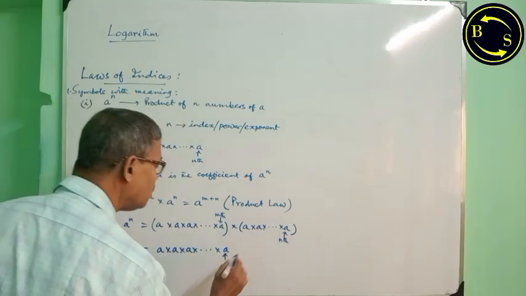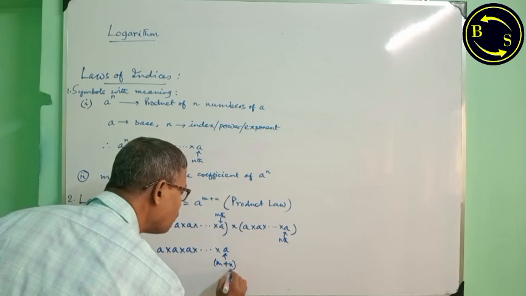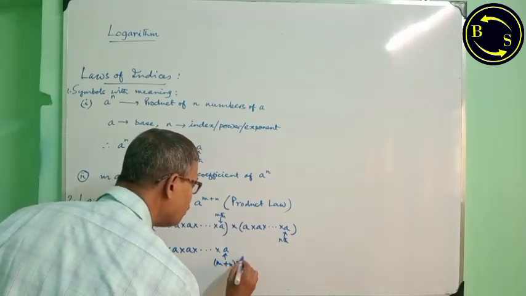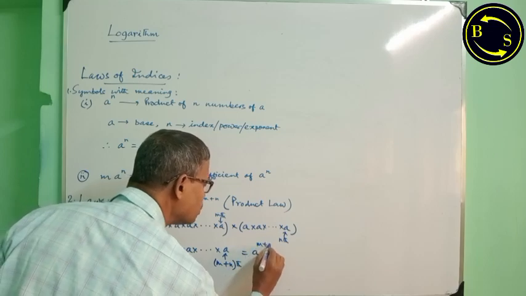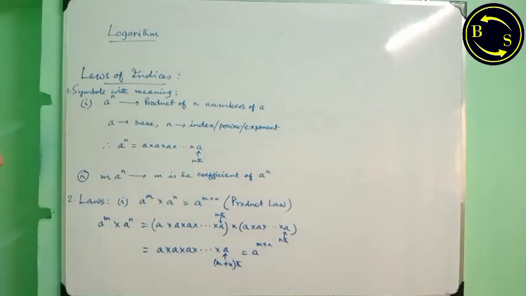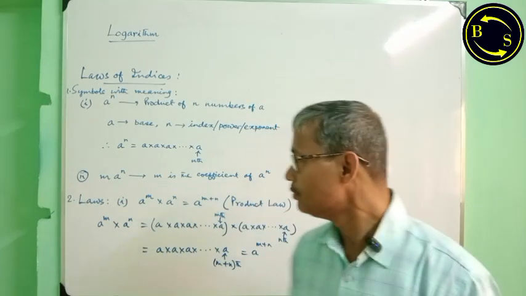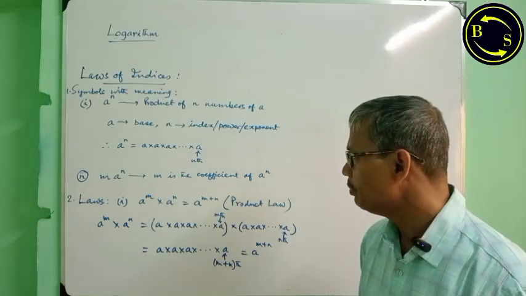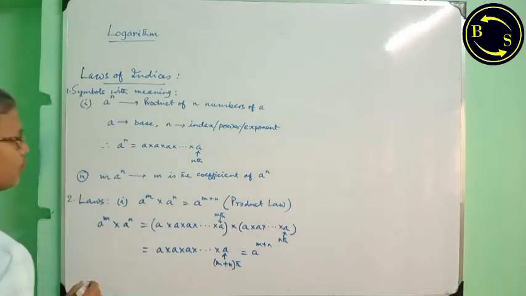Therefore, in total, m plus n number of A's are there, which is expressed as a to the power m plus n. If we know the reason why we get this result, then it will be quite easier to remember. Therefore, this is the product law.